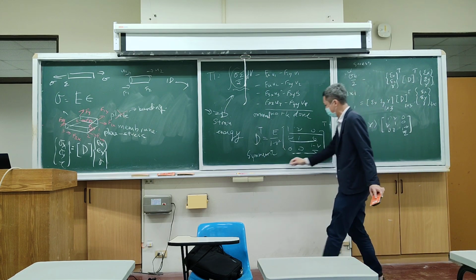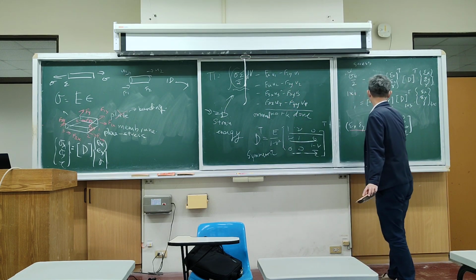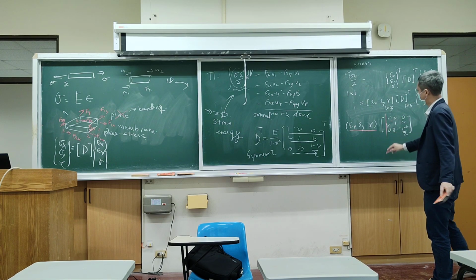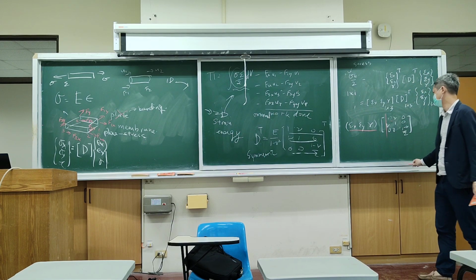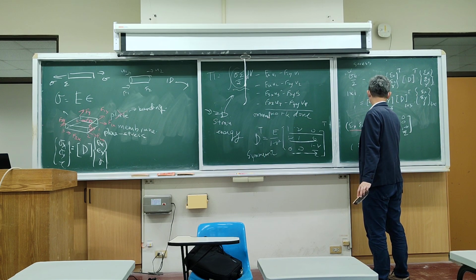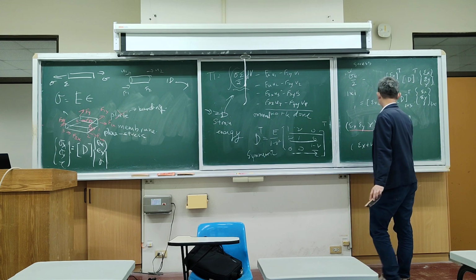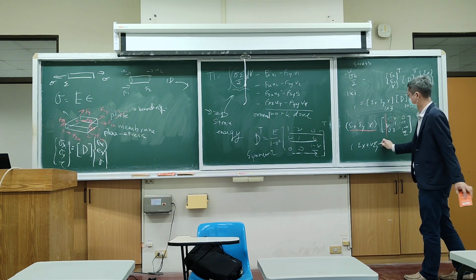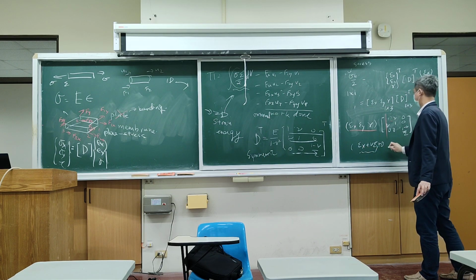Let's expand that out. So row matrix multiplied with column. Then you have the first one becoming epsilon x plus b epsilon y and then 0. This is your first one.